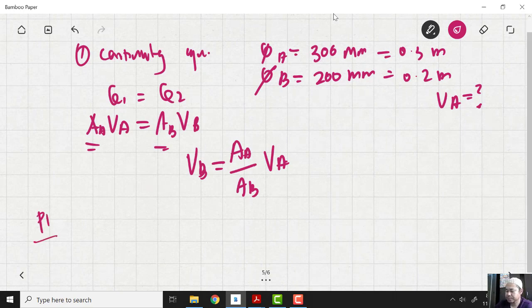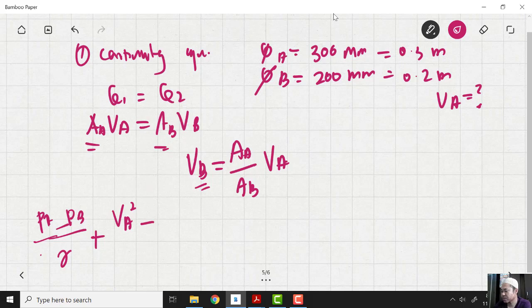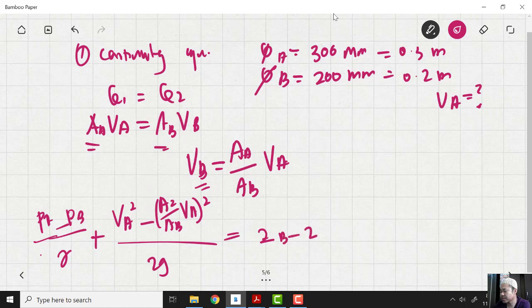We have PA minus PB over gamma plus VA square minus VB square, and since VB is equal to AA over AB times VA, we can write AA over AB VA, and don't forget the square, over 2g equal to ZB minus ZA.